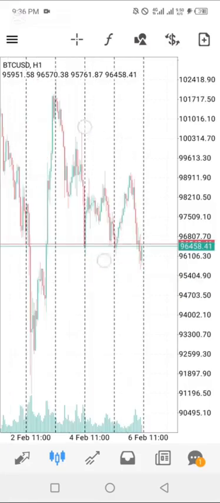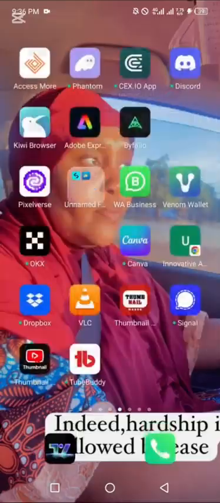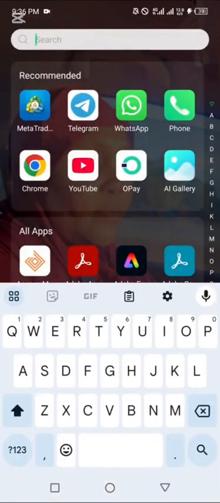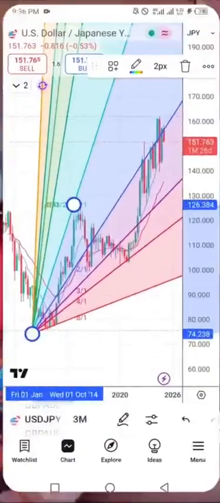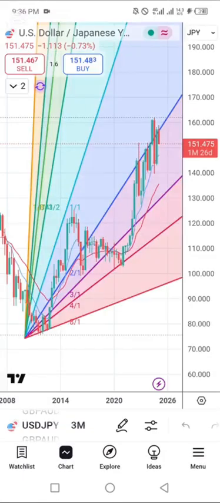For example, the dollar has been in wave 4, and I think at this point we better go to TradingView and try to see what the dollar has been doing. Look at the dollar.